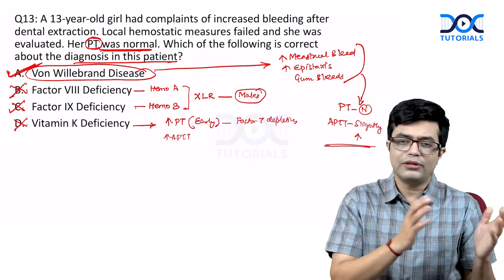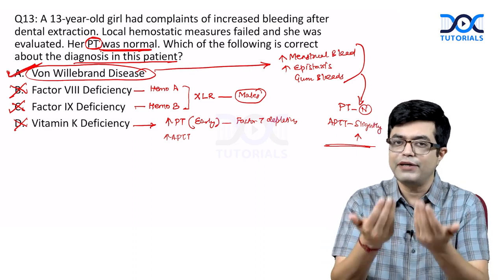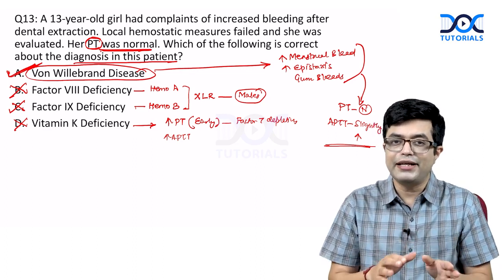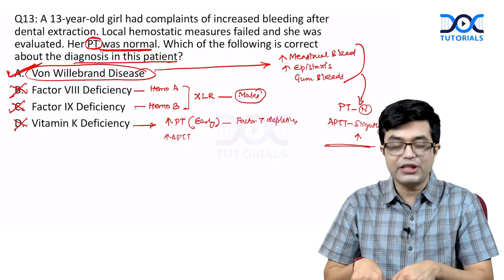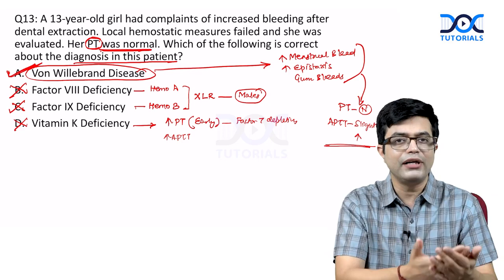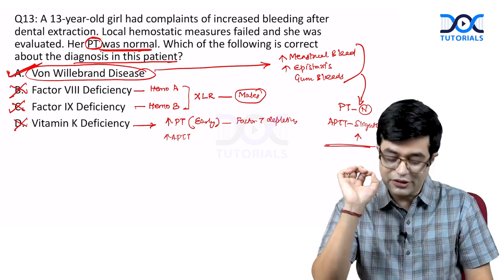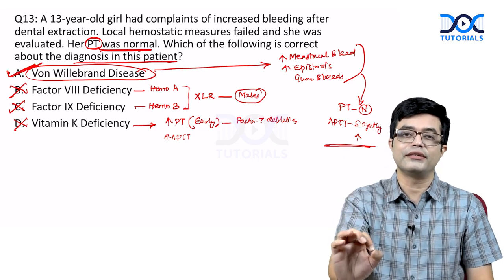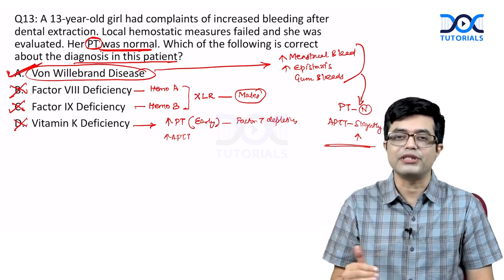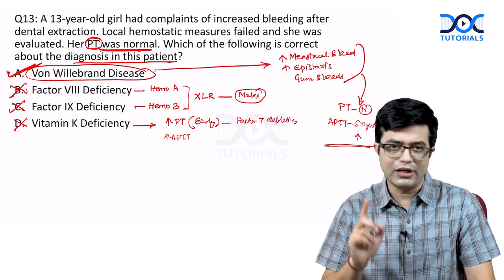In case both prothrombin time and APTT are prolonged, think of liver disease and vitamin K deficiency. And in case this kind of picture is seen where a female child is there, menstrual bleed is there, prothrombin time is normal, APTT is slightly elevated, which very cleverly they did not mention, the answer will be von Willebrand disease. Understood? Remember these points. I have discussed in detail. This is about question number 13. Very standard, good quality question.